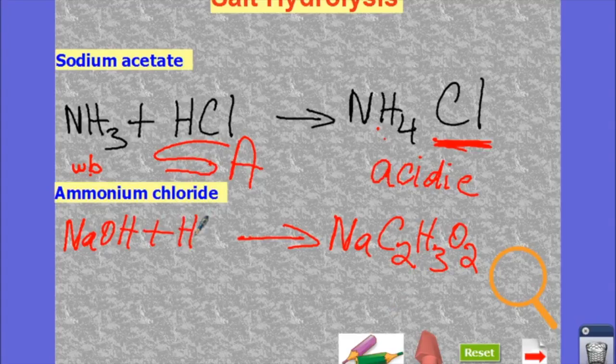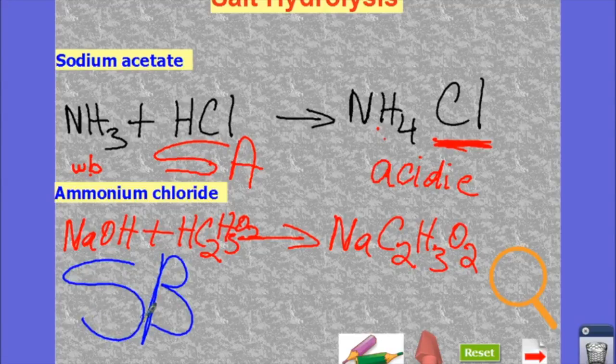It is acetic acid, HC2H3O2. Sodium hydroxide is a strong base. Acetic acid is a weak acid. So strong wins. Therefore, that salt is basic. So I just gave you an example for a neutral salt, an acidic salt, and a basic salt.